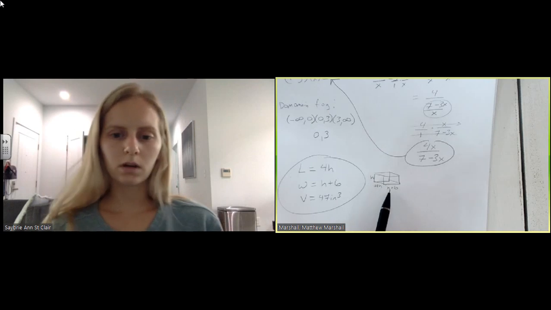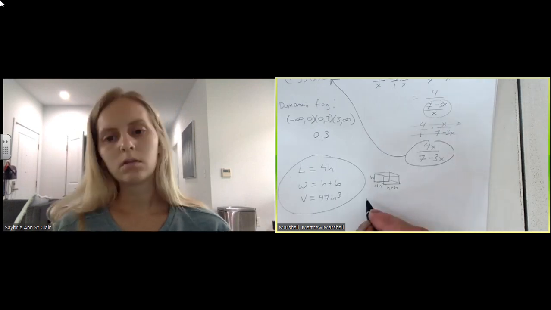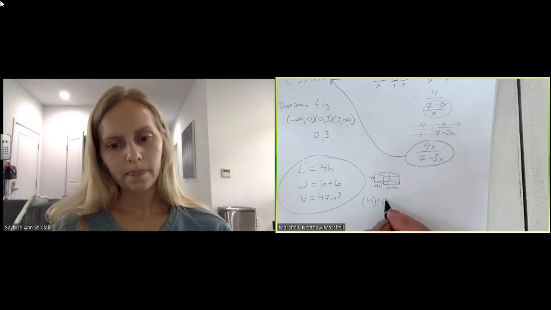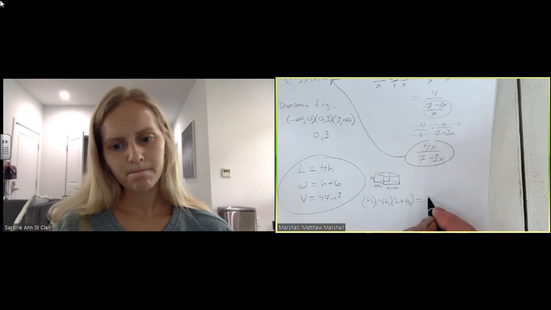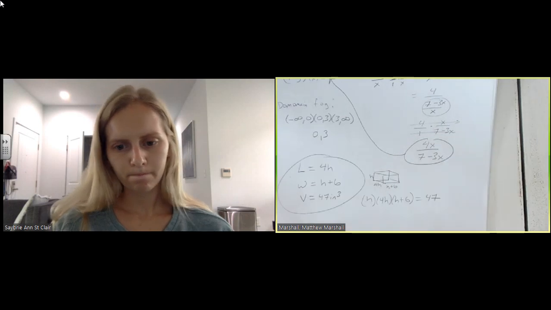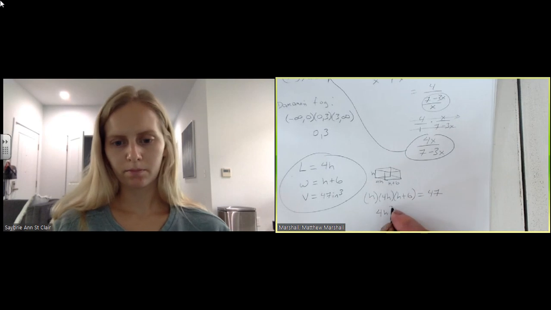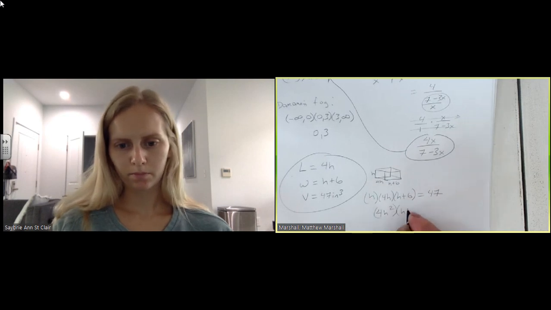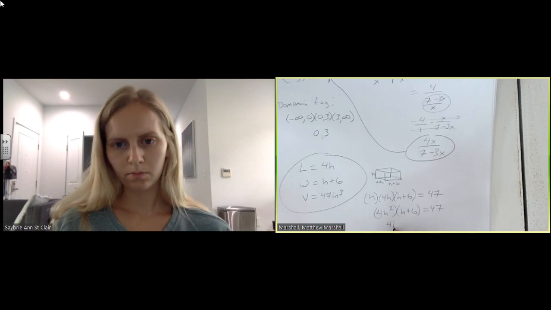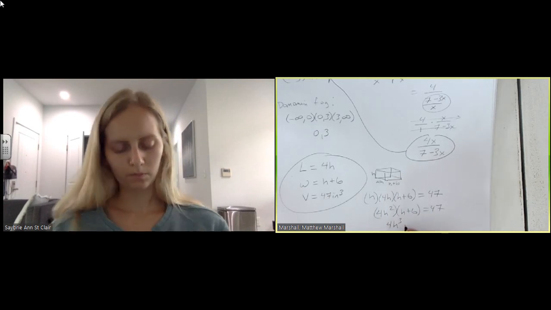So if I times all 3 of these together, it should give you this. So if we times those, that gives me 4h squared. If I times that, that gives me this.